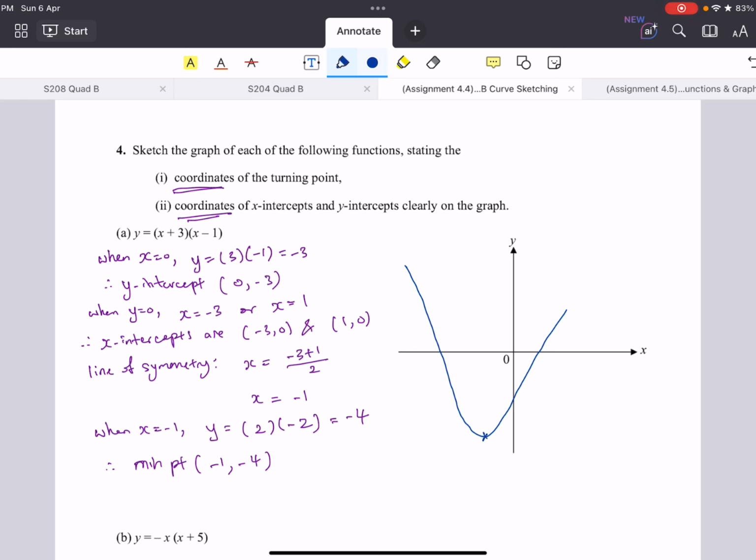The turning point over here will be (-1, -4). The y-intercept is (0, -3). Over here, this will be (1, 0). And over here will be (-3, 0). This time around I write it in terms of coordinates because that's what the question asked for. Okay, so that's our first graph.